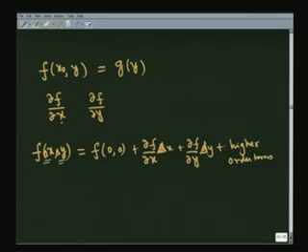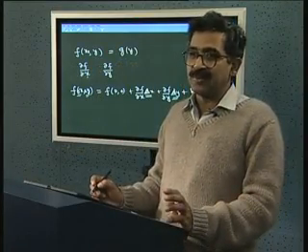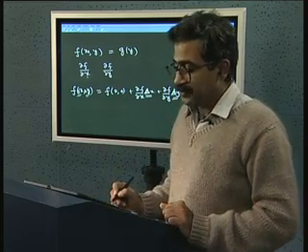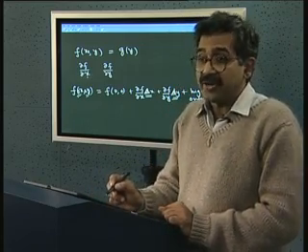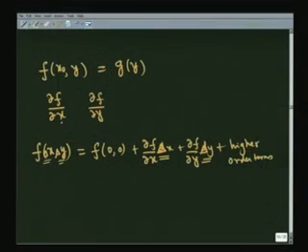Now stare at the right hand side of your equation. If you look at the right hand side of your equation, delta x and delta y are arbitrary displacements. They are infinitesimal displacements, but they are arbitrary otherwise along the x and the y direction. F of delta x, delta y is the value of the scalar function at the point 0 plus delta x and 0 plus delta y.